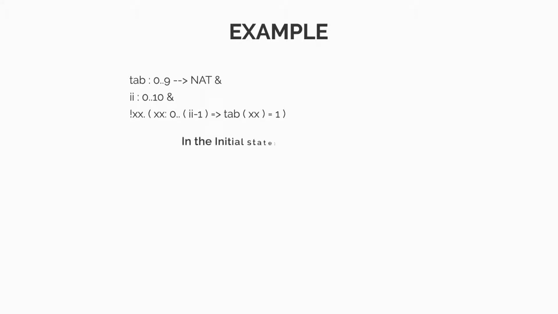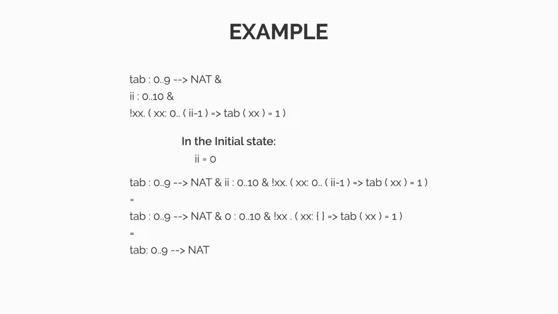So first, in the initial state, II, as we said, equals 0. So in the invariant we replace II by 0, and we get the predicate tab belonging to the set of functions from numbers ranging from 0 to 9 to the natural numbers, and that 0 belongs to the set of numbers ranging from 0 to 10, which is trivially true, and that for all xx, if xx belongs to the empty set, which is exactly what we get if we take the set of numbers ranging from 0 to 0 minus 1, from 0 to minus 1, that gives us the empty set, then tab at xx equals 1.